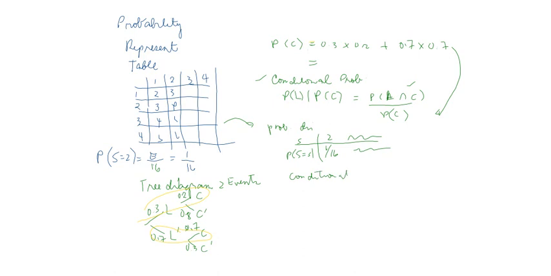Let's say, what's the probability of getting a sum greater than 4, for example, given that the sum is greater than 2.